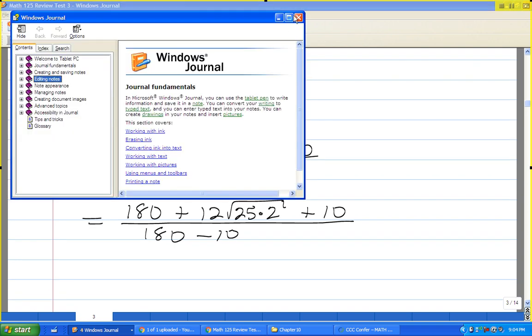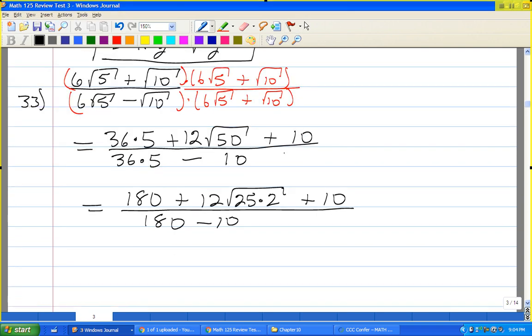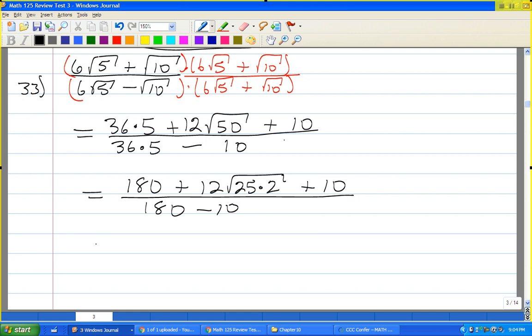And so 180 plus 10 is 190, plus 12 times the square root of 25, which is 5, times rad 2, over 180 minus 10, which is 170.